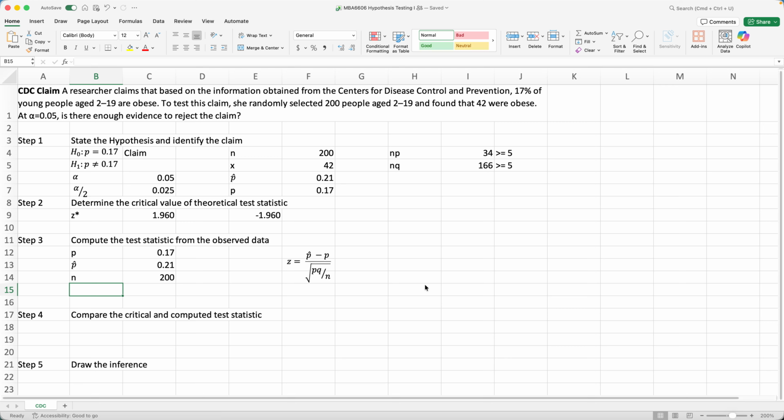So we can compute this denominator: SE, standard error, is equal to square root of P times 1 minus P, that is Q, divided by N.